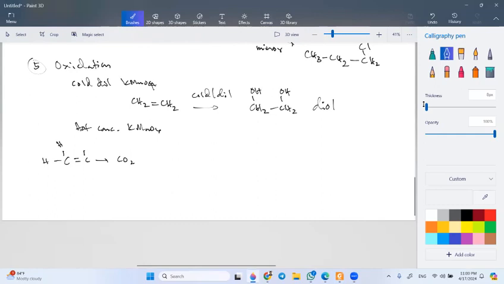I just ignore these two. These two groups can vary. The other one, if the double bonded carbon atom is having one hydrogen with alkyl group, first it gives aldehyde, CH3COH.